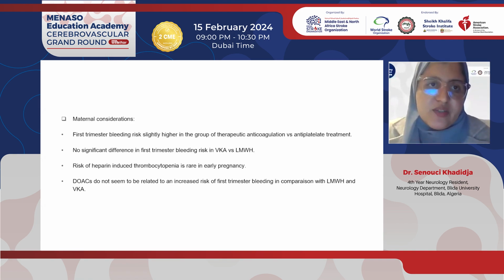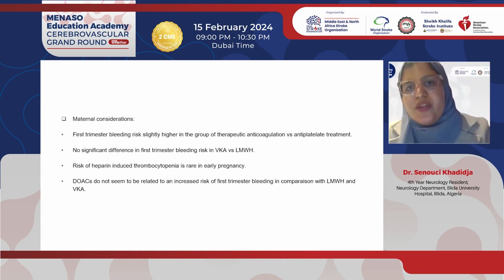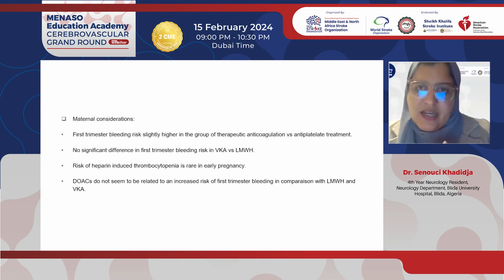For the maternal considerations, the first trimester bleeding risk is slightly higher in the group of therapeutic anticoagulation versus antiplatelet treatment, and there is no significant difference in the first trimester bleeding risk in VKAs versus low molecular weight heparins. For the risk of heparin-induced thrombocytopenia, it is rare in early pregnancy.